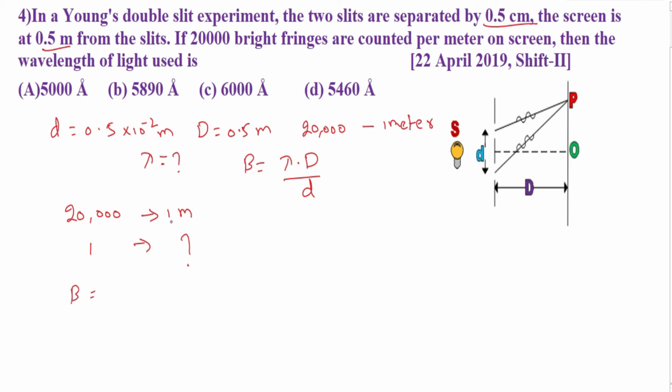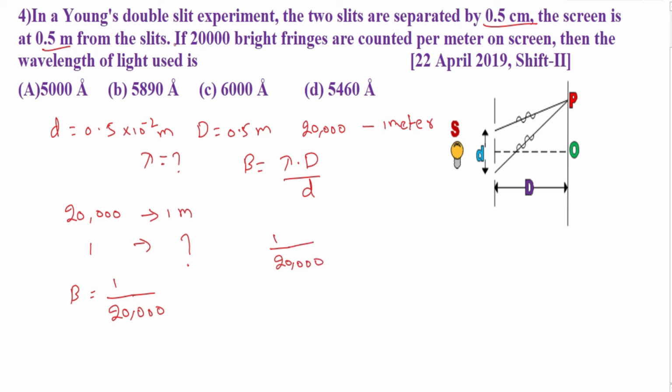Once again, 20,000 bright fringes occupy a distance of 1 meter, then the width of one fringe, which is nothing but beta, will be 1 by 20,000. That means he indirectly gave us the value of beta as 1 by 20,000. Now you have to calculate lambda.